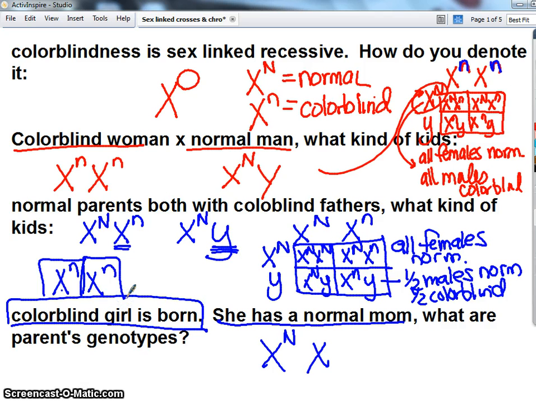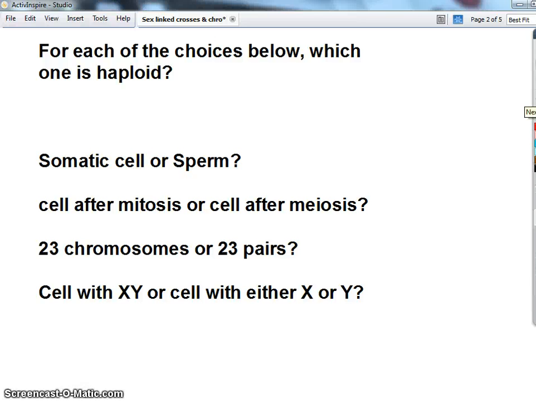That tells me her mom's other X had to be a little n. It also tells me that her dad had to be colorblind, because that's the only way she would have gotten another X little n. So that's sort of, I guess, 3 examples of sex-linked cross problems. They get progressively harder, but you'll notice that you're doing the same thing over and over again. It's just really how you interpret the results based on the trait.